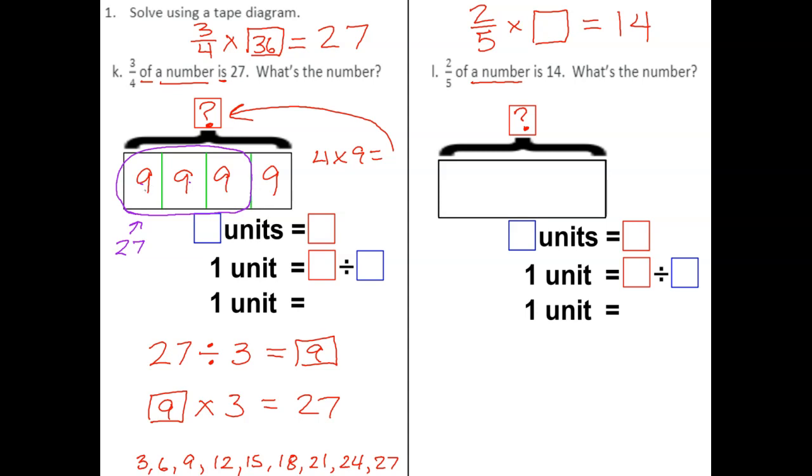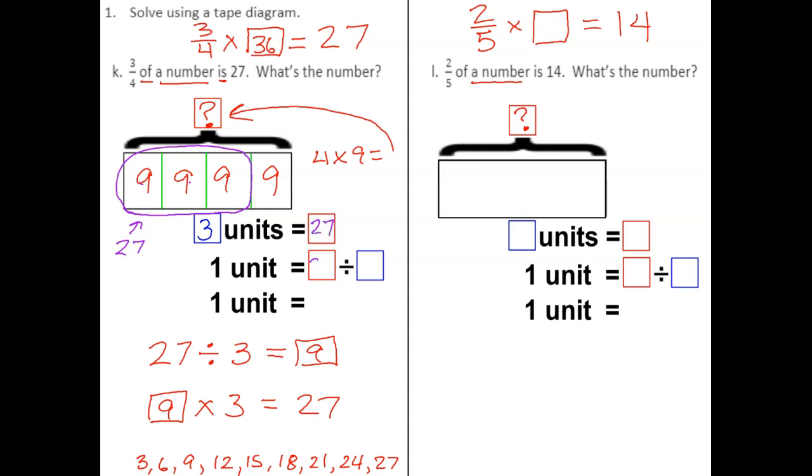All we did was we found our individual unit by saying we had 3 units here. Remember, I know that there's a total of 4 units, but we know what the 3 units are equal to. So we can take the 3 units and say 3 units are equal to 27.